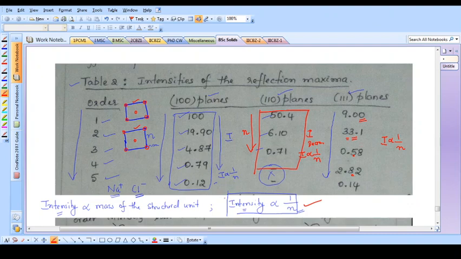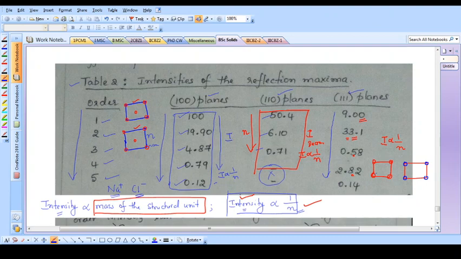The intensity of the X-rays reflected from these planes depends not only on the order of reflection, it also depends on the mass of the structural unit, in such a way that, if I consider two 111 planes in sodium chloride, the arrangement of atoms in one 111 plane is different from the arrangement of atoms in the other plane.